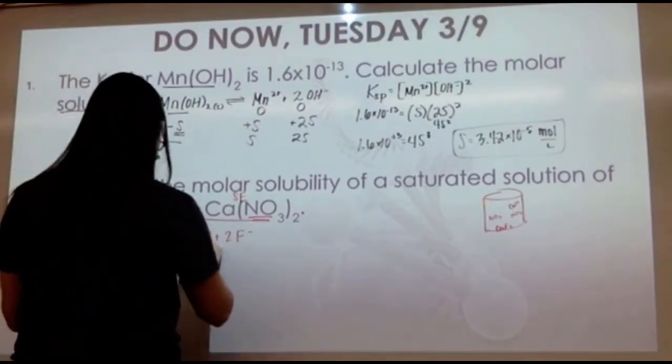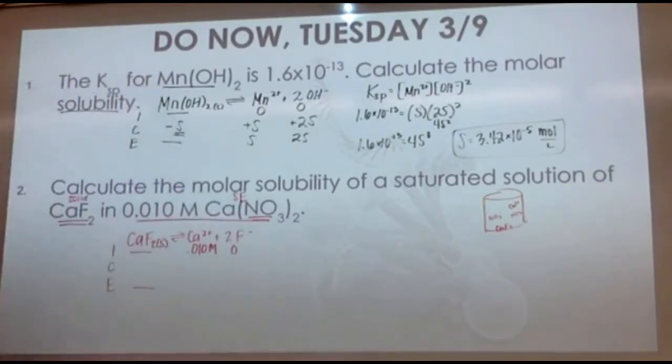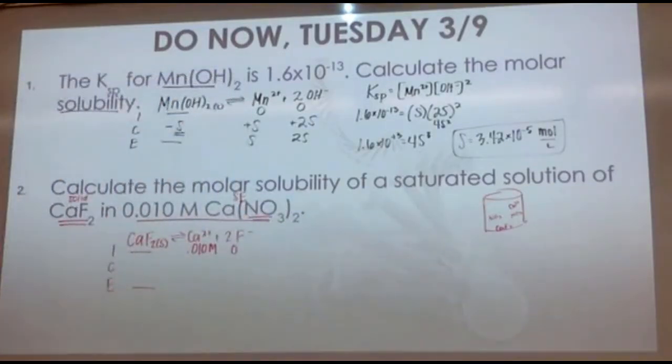So now initially, we have 0.01 molar Ca2+, and we have no F-. So before the solid breaks apart, we have Ca2+ from this calcium nitrate solution. So this is a common ion problem.